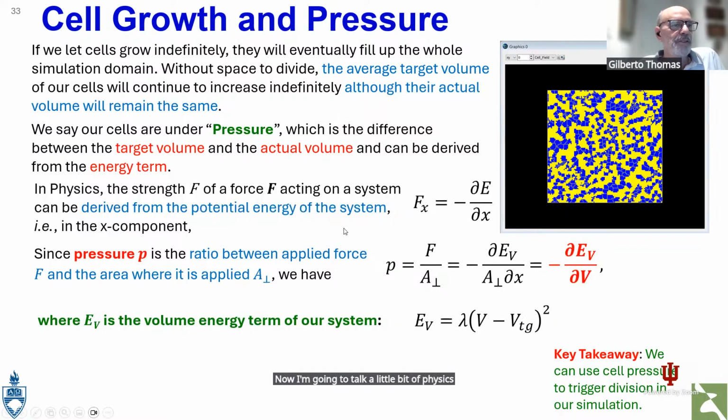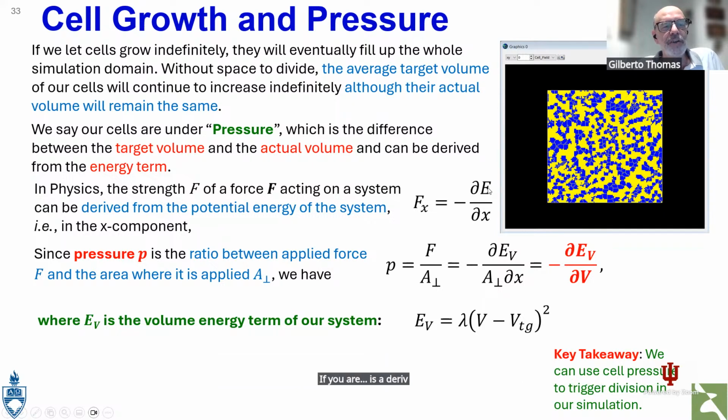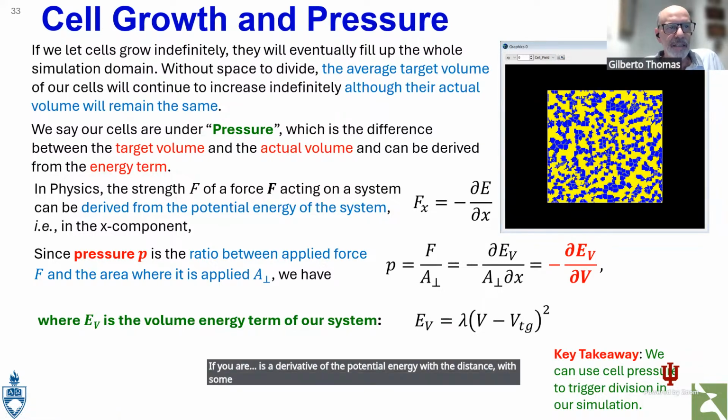In physics, the intensity, the strength of a force F acting on a system is given by this expression. It is a derivative of the potential energy with the distance, with some unit of length.